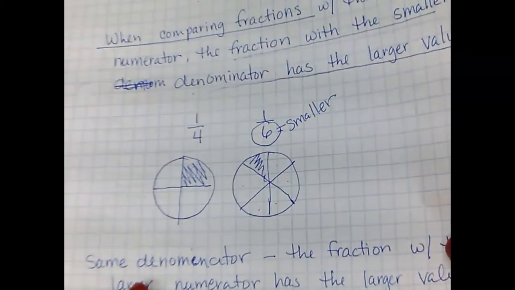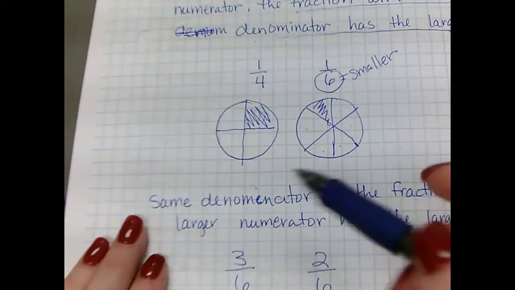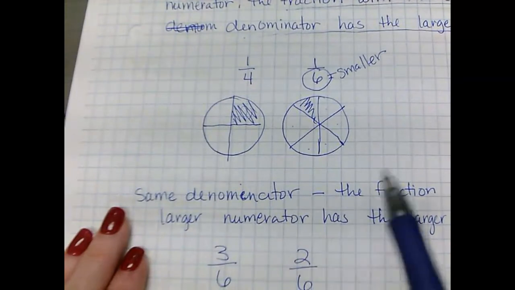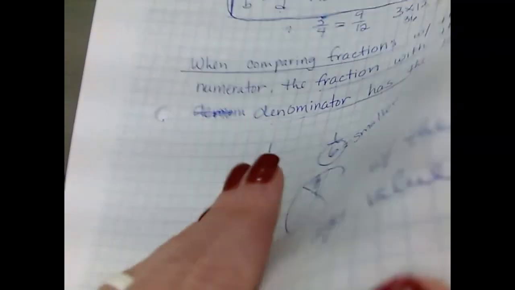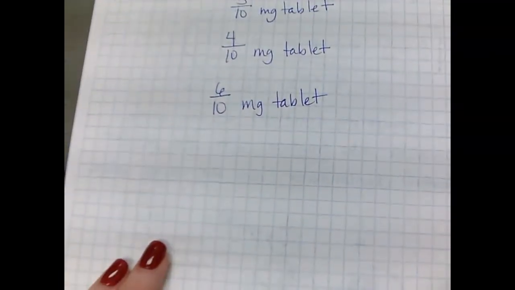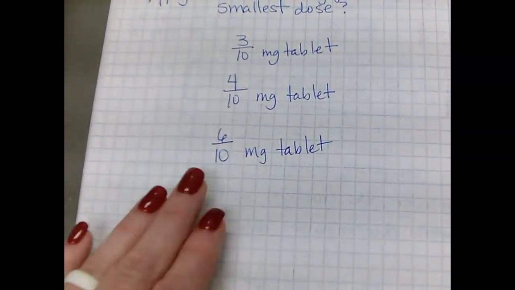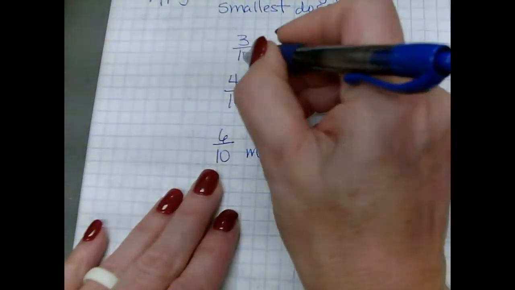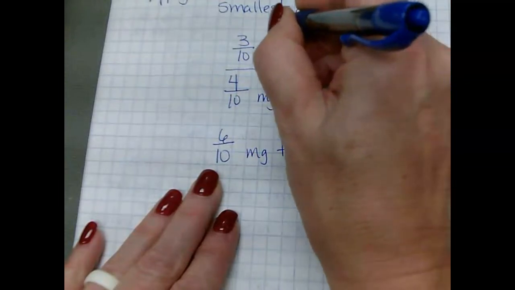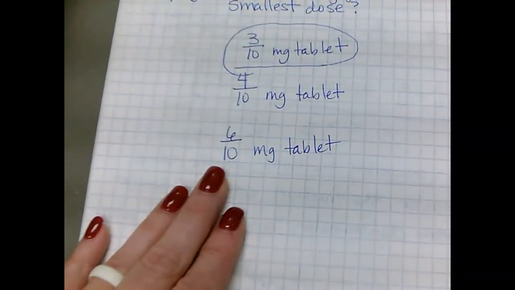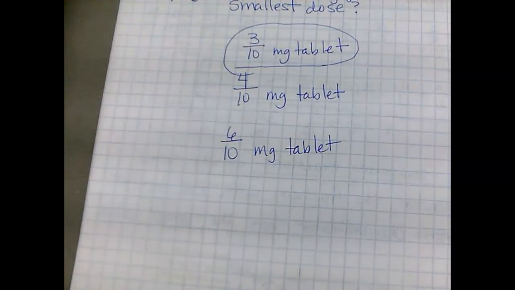Let's go back to our rules. If they have the same denominator, the fraction with the larger numerator has the larger value. So whichever numerator is largest here is the largest value. So this one would be your smallest, and that's what the question asks.